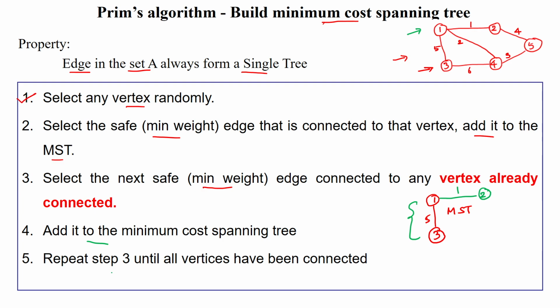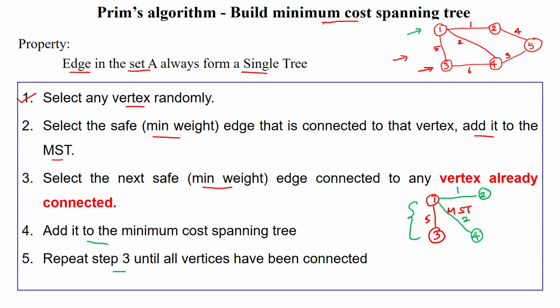So we have to repeat that step to connect all the vertices given in the graph. Now you can select again from 1 or 2 or 3 to select the minimum weight edge. From 1 again we have one more minimum weight edge in the given graph, that is 2, from 1 to 4.